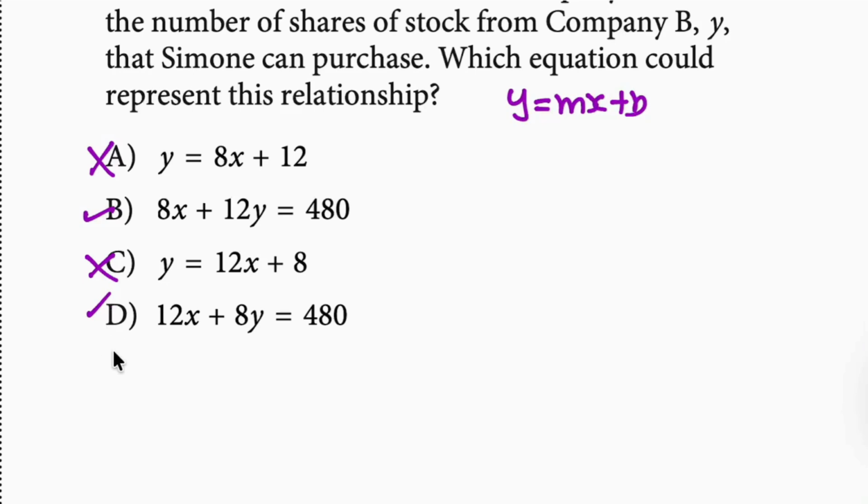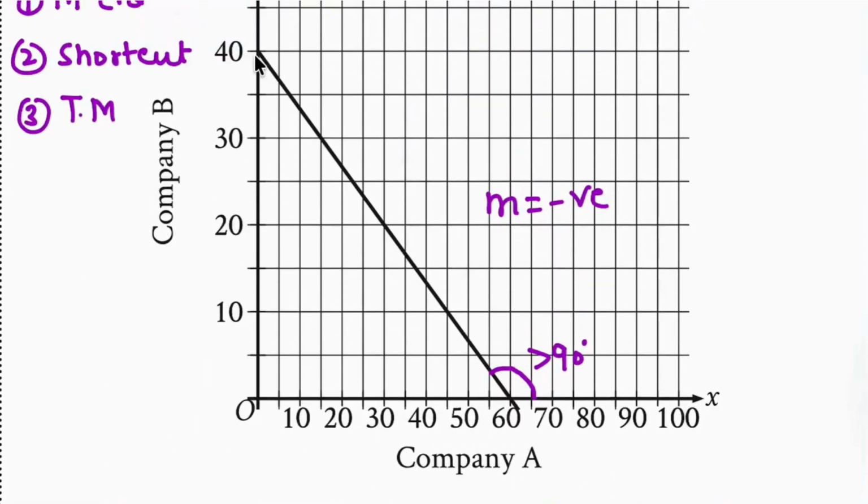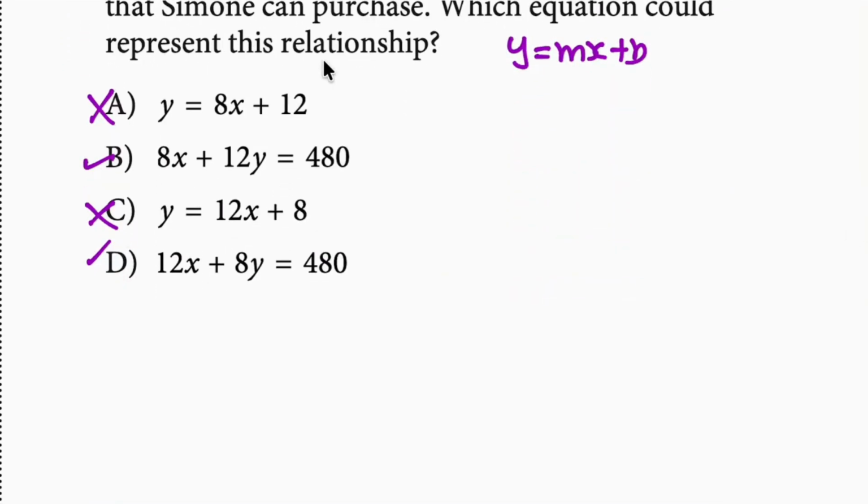and you have to select from B and D. Now if I go with the MCQ options, I'll just take any of the coordinates. Let's say this is 0 and 40 and try to plug it into the equations. Let's do it in equation number B. 0 and 40, that means x has to be replaced with 0 and y has to be replaced with 40.